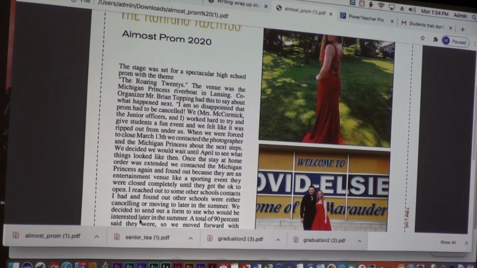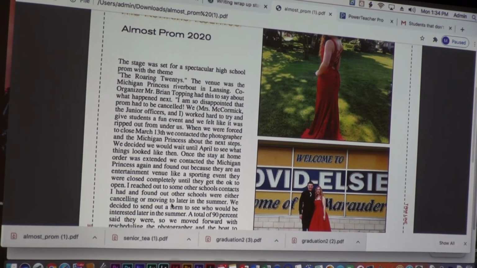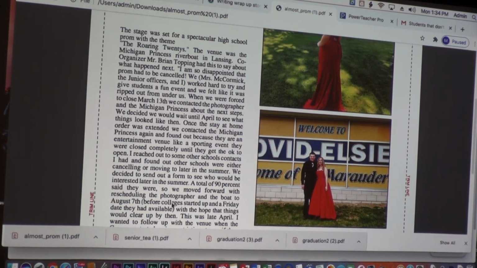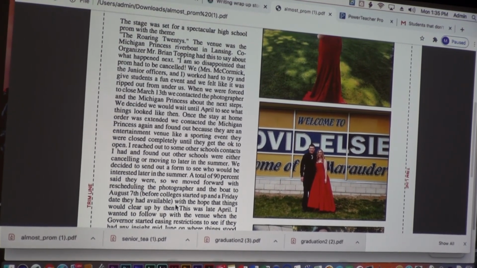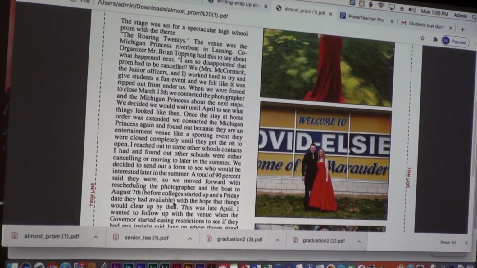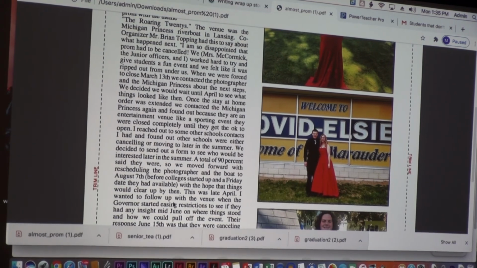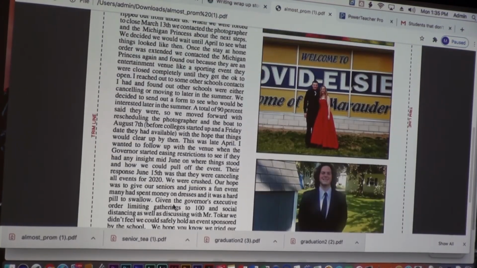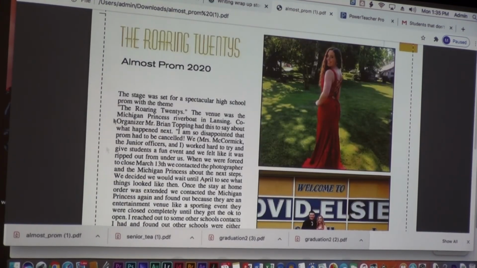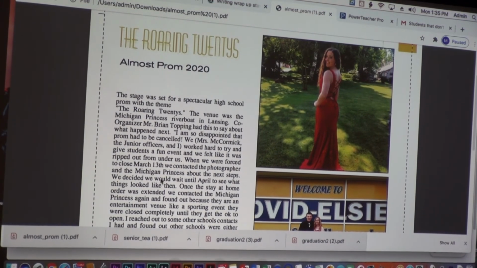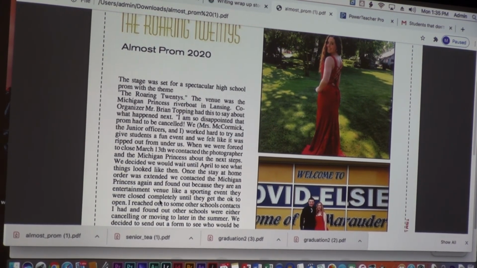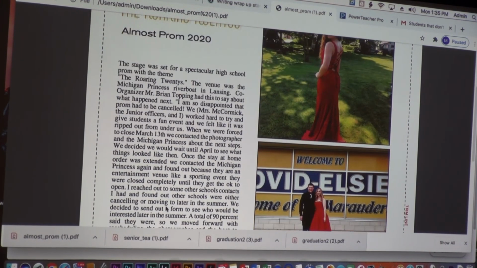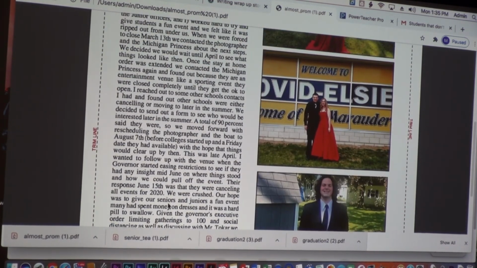Use this information, change it, and rewrite it so it was actually prom. So we really did have prom. It really did occur in Lansing. It really was on a riverboat. Everything occurred as it was supposed to. So you take this information and you rewrite it as if prom actually happened and submit that to me. Any questions about that?